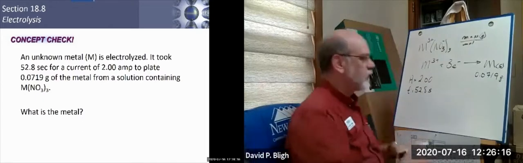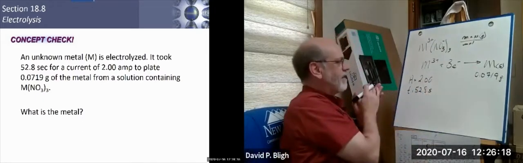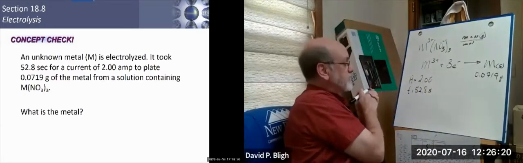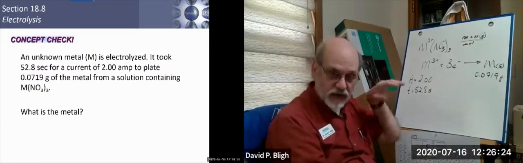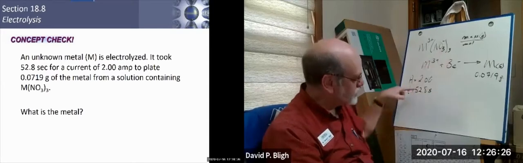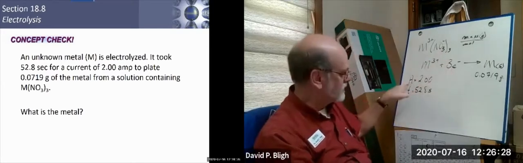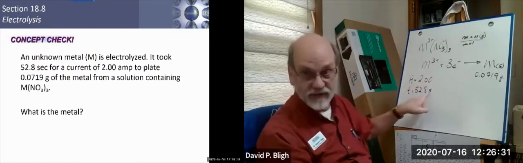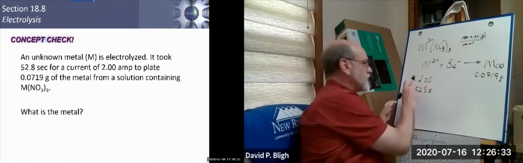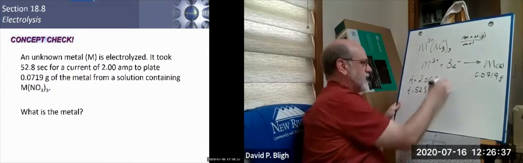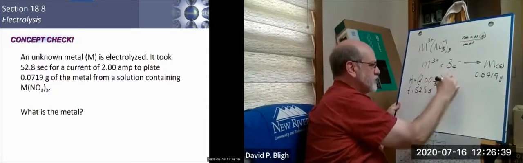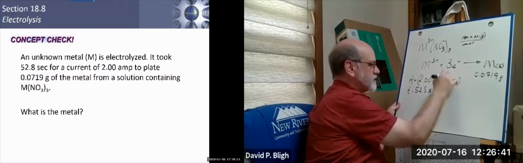Okay, so how do we find the moles of that? Well, our key, our entry into this reaction is through the electrons, because this is a transfer of electrons. So this is coulombs per second times 52.8 seconds.